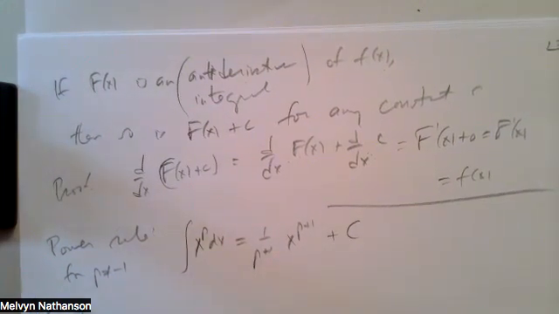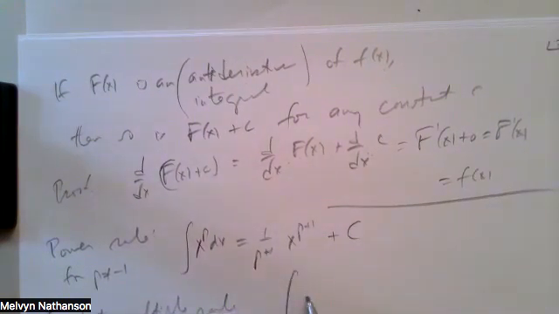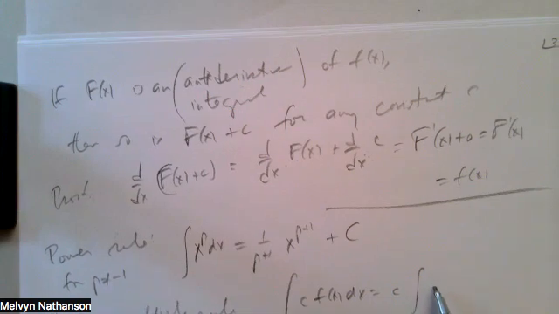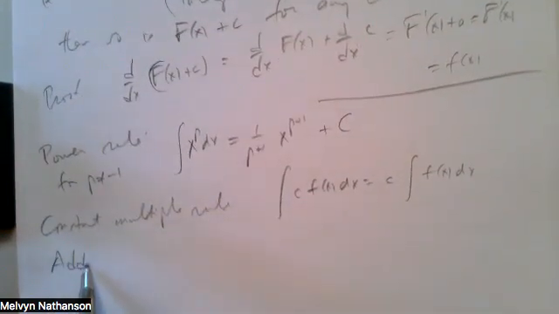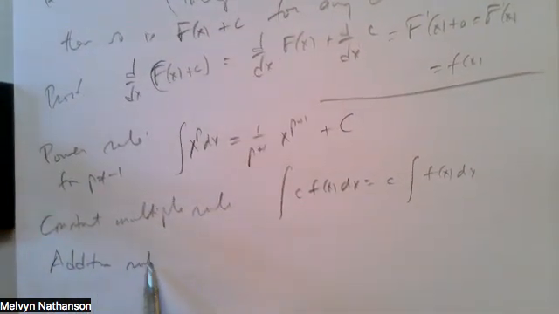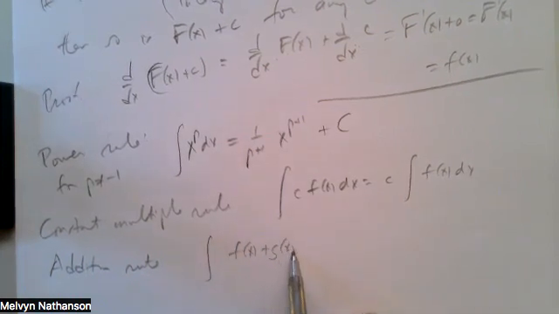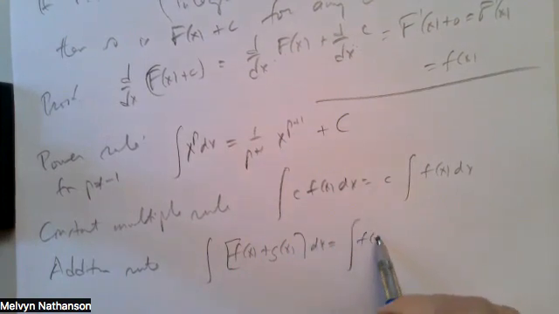We have the constant multiple rule: the antiderivative or the integral of c times the function is c times the integral of the function. And we have the addition rule: the integral of the sum of two functions is the sum of the integrals.